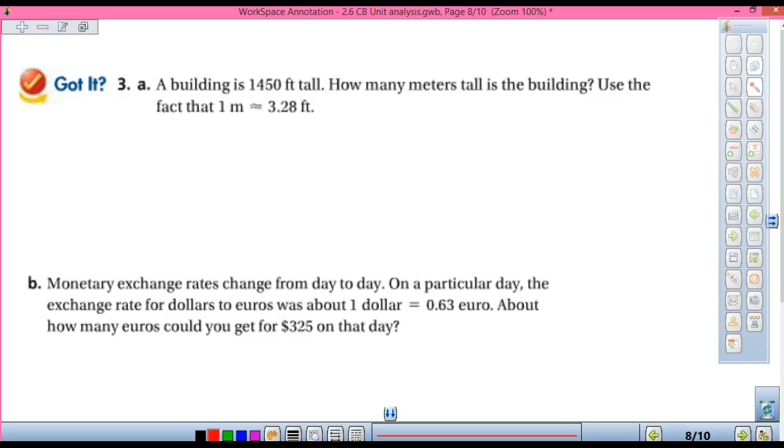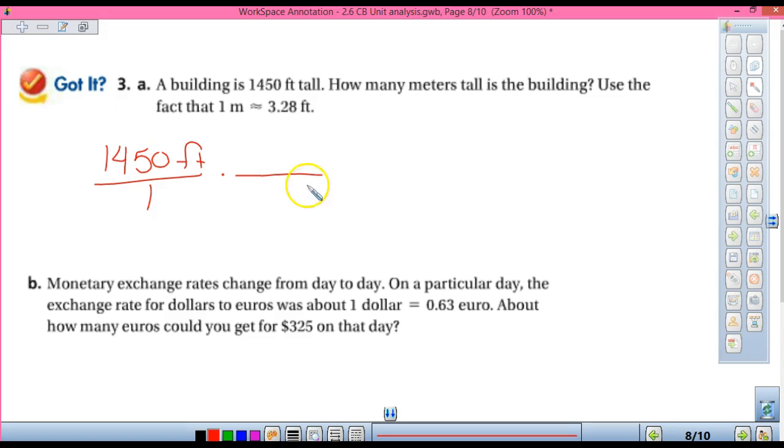Okay? Let's say I've got meters to feet. Alright, flip your page. Now there's no moving decimal. Now you've got a crazy conversion. 1 meter equals 3.28 feet. So now I've got to go 1,450 feet over 1 times, now where do my feet go?